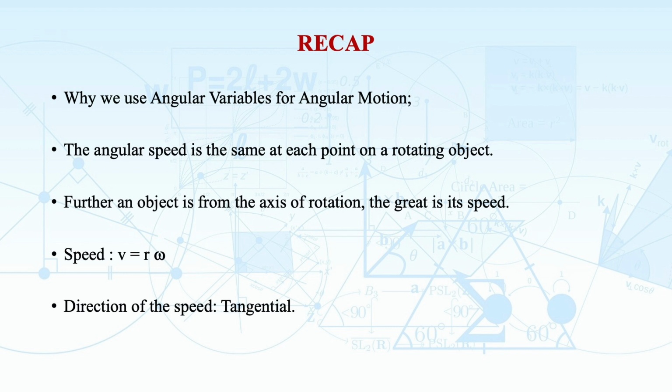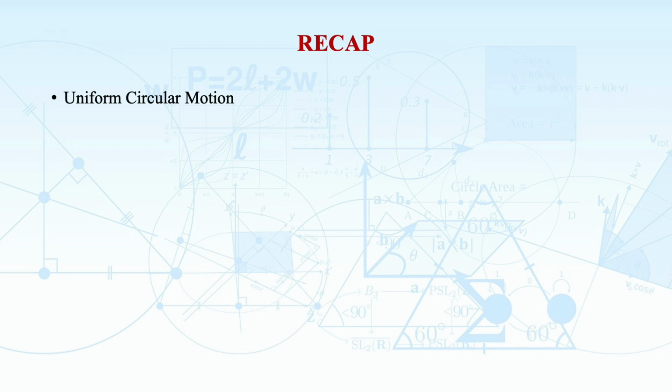Now, we said that we basically study 2 types of circular motion. One is uniform circular motion, in which the angular acceleration is 0. So basically, the angular speed is a constant for uniform circular motion. And because the angular speed is a constant and it is moving in a circle, so v, which is equal to r omega, is also a constant.